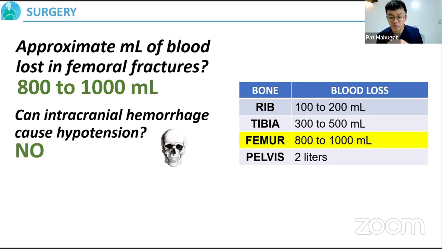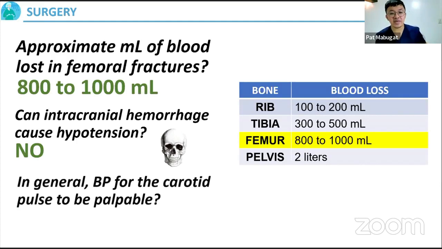The calvarium can only hold about 1.5 liters. With the brain there, with CSF there, no matter how much blood you put in, it cannot exceed 1.5 liters. And again, 1.5 to 2 liters is the criteria for class 3 shock. You need to lose 1.5 liters for hypotension to occur, right? So intracranial hemorrhage, no matter how high, cannot cause hypotension unless the patient goes to herniation later on, right?